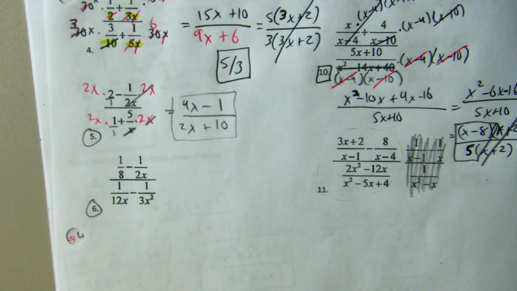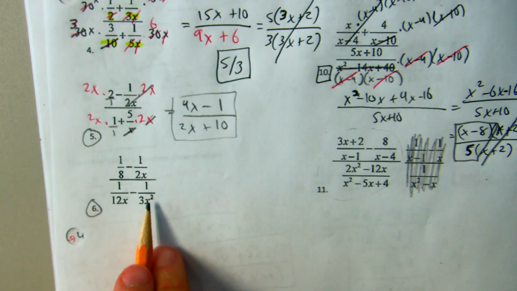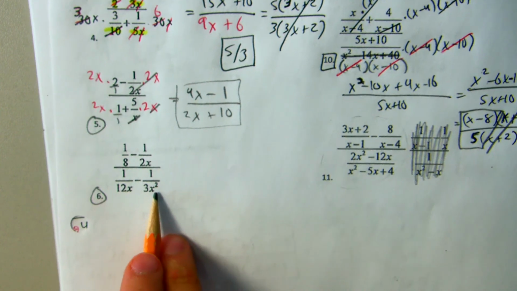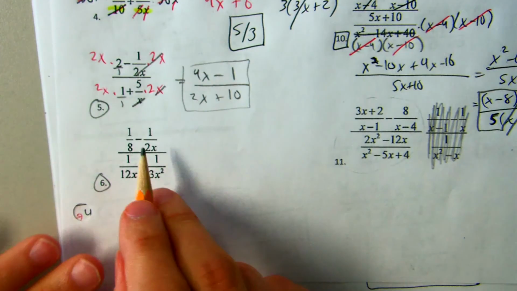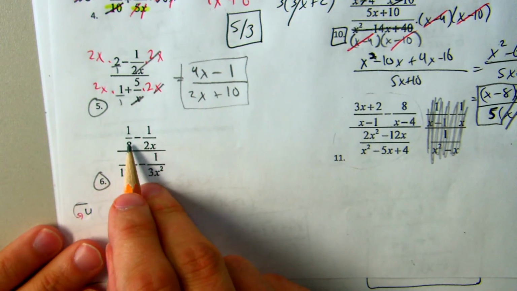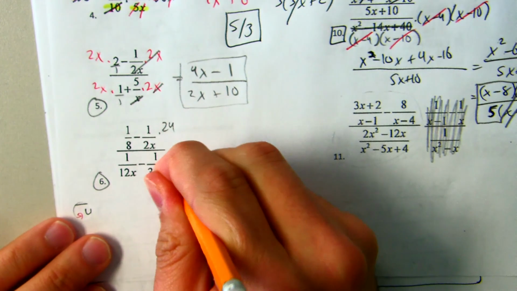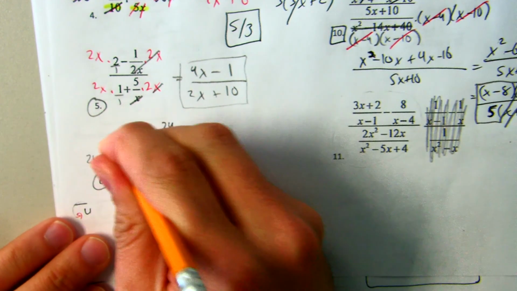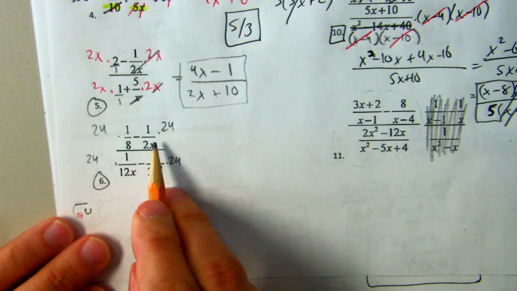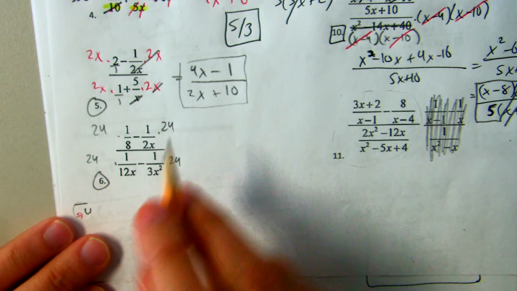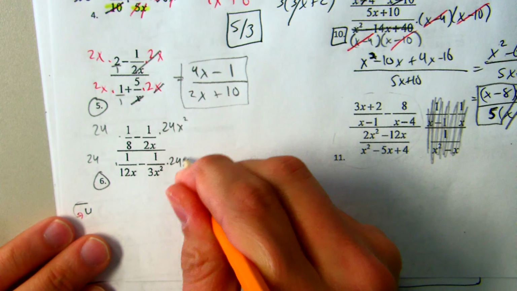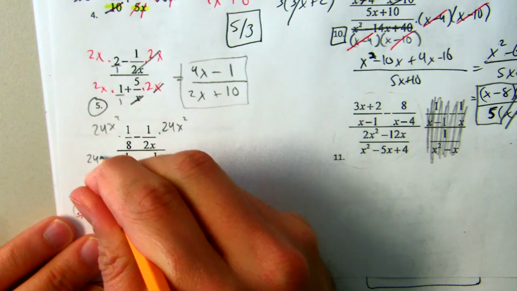I'd say 6 may mess a few more people up because of the x squared. Between 8, 2, 12, and 3, looks like 24 would be the best number. And between no x's, x to the first, and x squared, you're going to need an x squared.